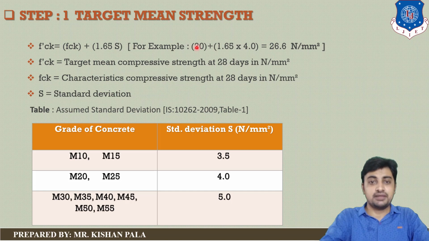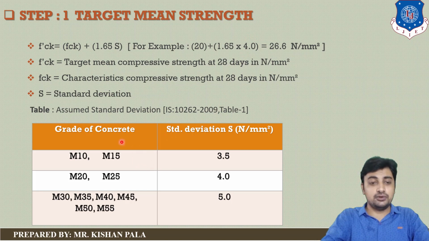For example, I am designing for the M20 grade of concrete mass. It means my fck will be 20, then 1.65 into standard deviation. So what about the standard deviation values? You can refer to this table for the standard deviation.